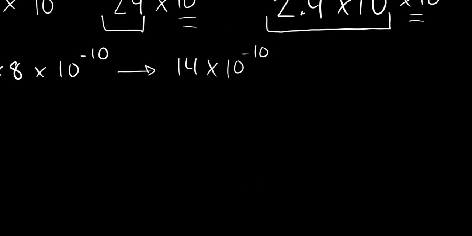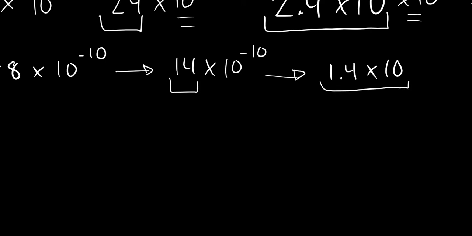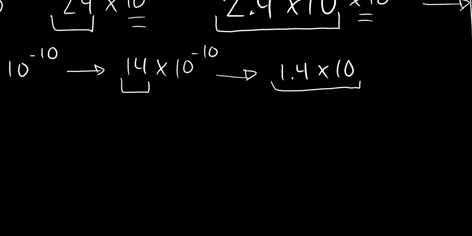The problem with that is it's not scientific notation, right? So what I'm going to do instead is take the number 14 and write it as 1.4 times 10 to the positive 1 power. So this is exactly equal to the 14. That's 1.4 times 10.